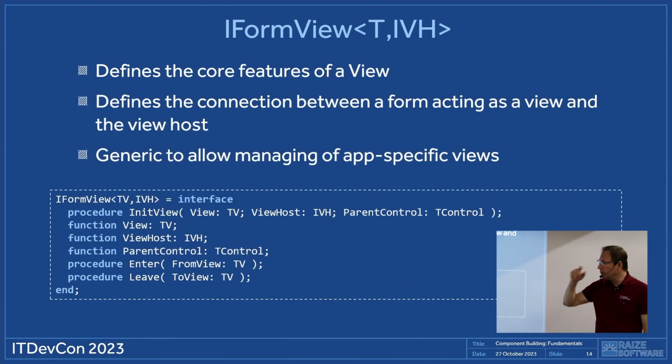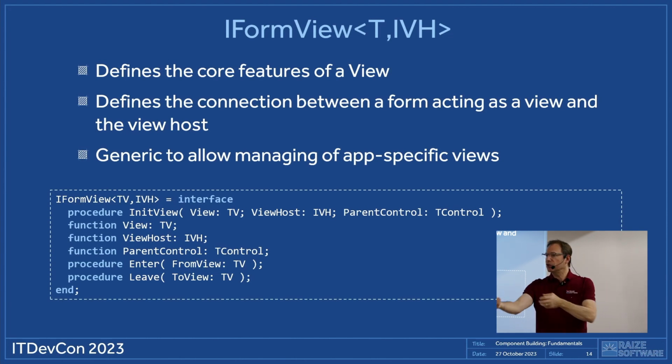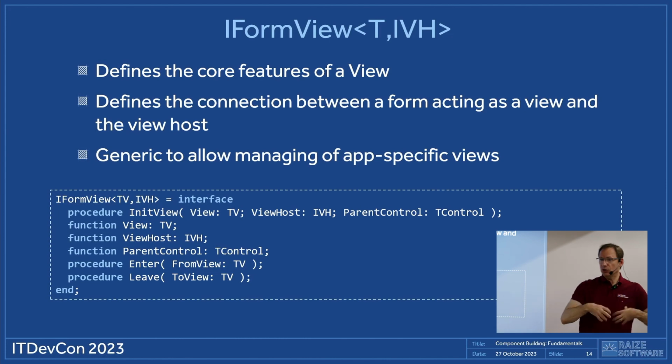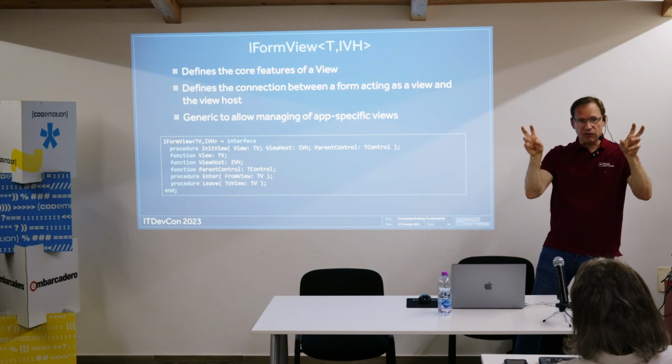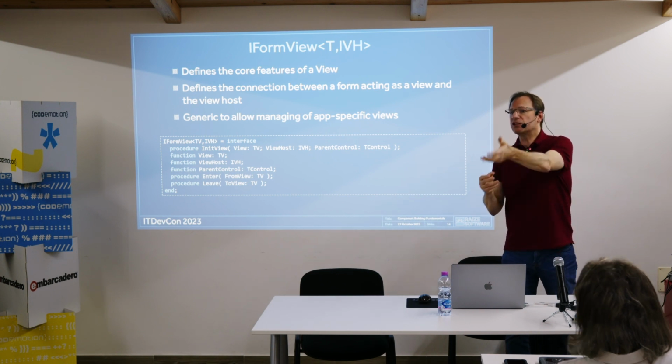So the iFormView generic template here defines the core features of a view. Really, the role of this is to form the conduit between the form acting as a view, the thing that we're creating, and the view host. So the view host is going to be manipulating our views. Basically, hey, you're now to come up front, so I need to know about you.